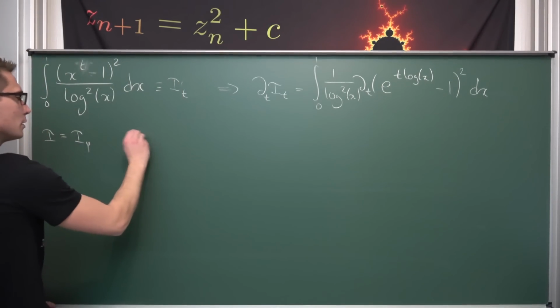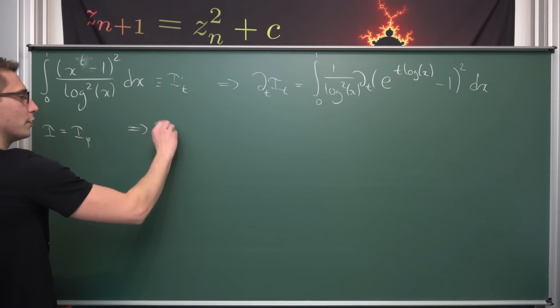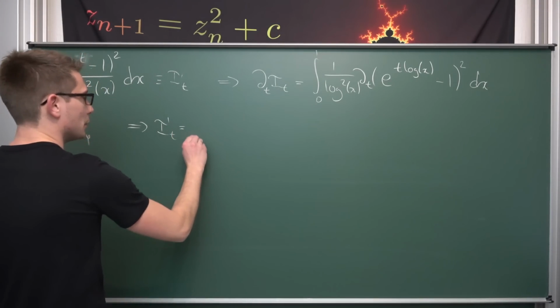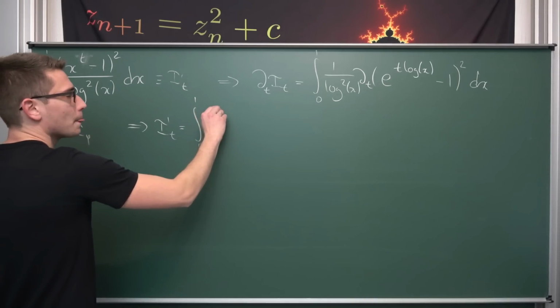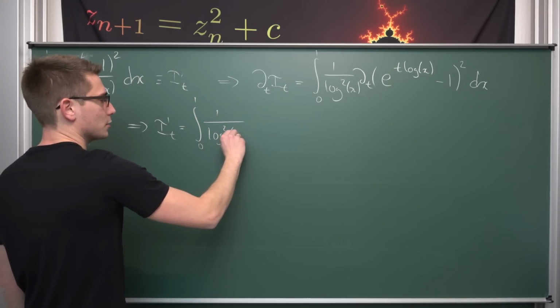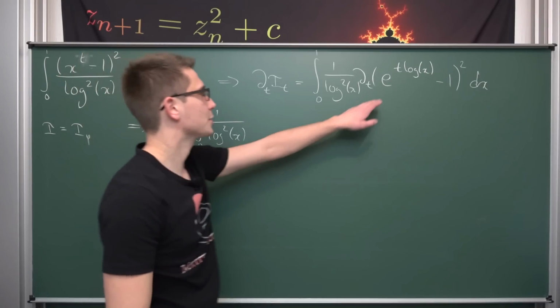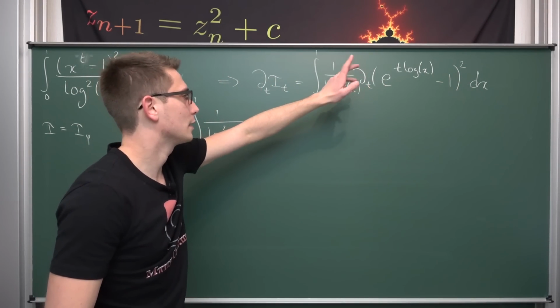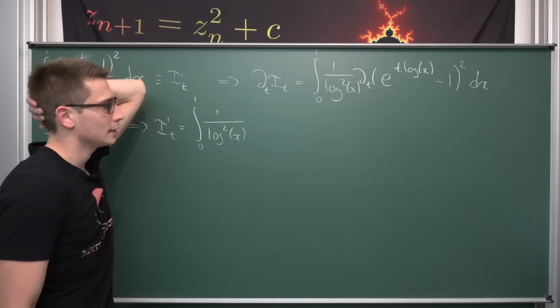After we do that, we end up with I prime with respect to t being, let me write everything out, the integral from 0 to 1 of 1 over log squared of x. Differentiating this, it's kind of ugly.